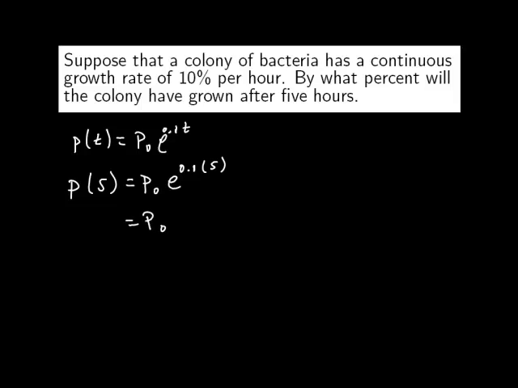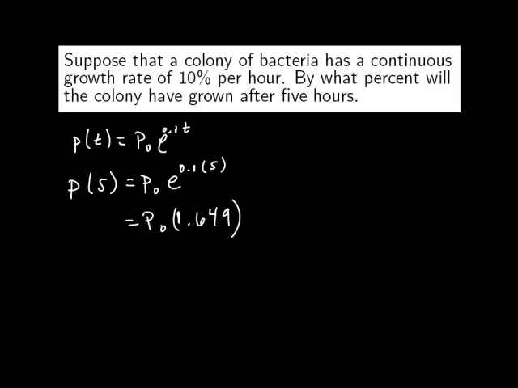Let's get a decimal approximation for e to the 0.5. You're getting 1.648, or 1.649. Okay, that 1.649 is my decimal approximation to e to the 0.1 times 5. So what does this mean?